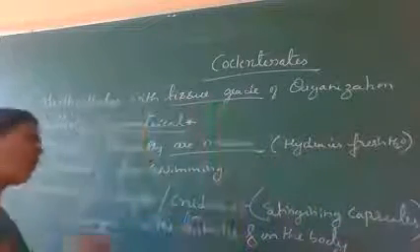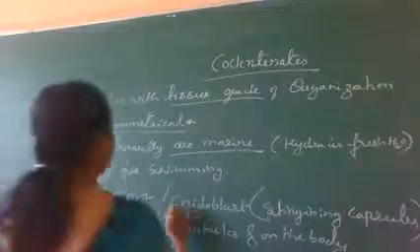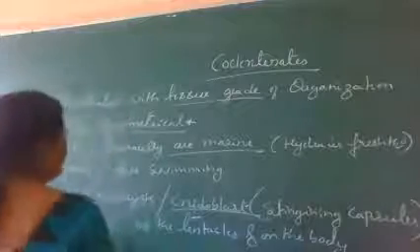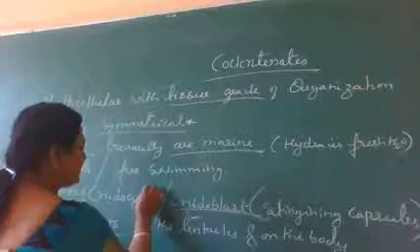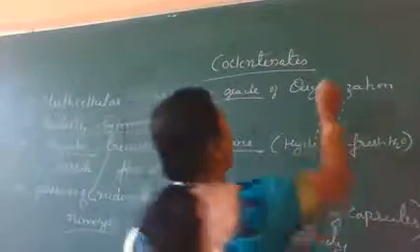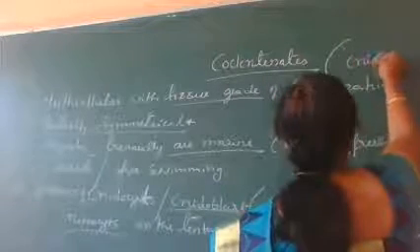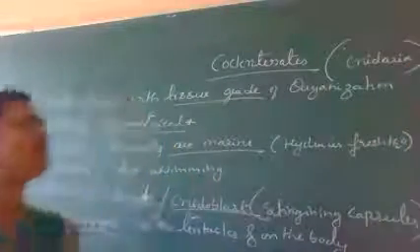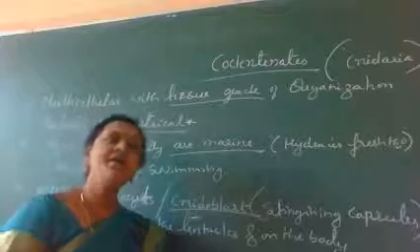Because of the characteristic presence of this cnidoblast or cnidocytes, these are commonly called cnidarians. Why are coelenterates commonly called Cnidaria or cnidarians?